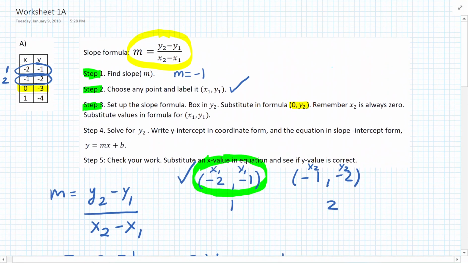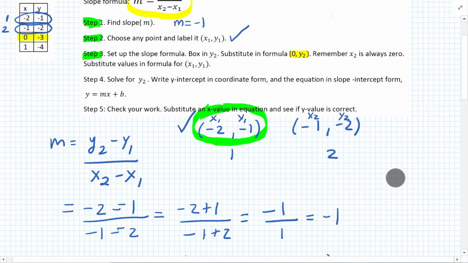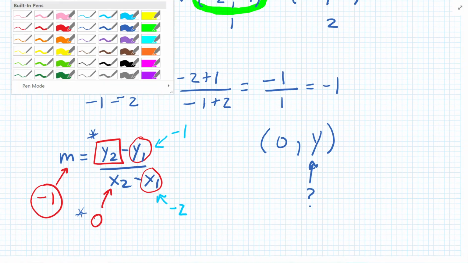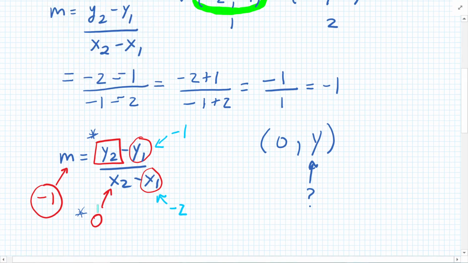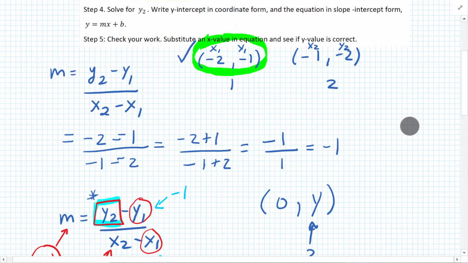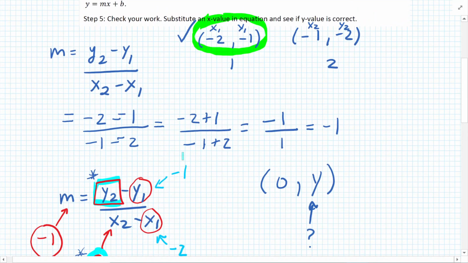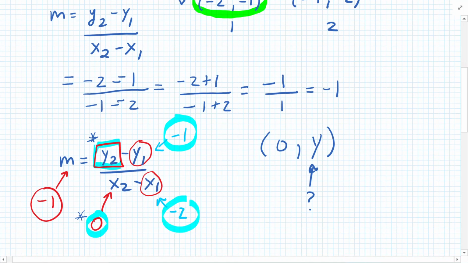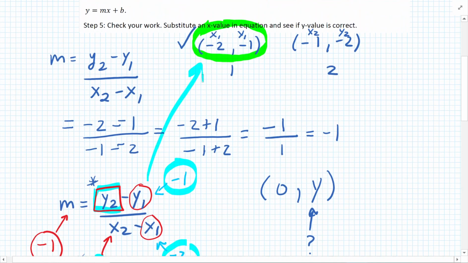We substituted in the formula 0 for x2, and we solved for y2. So that's still true. Here was our 0 value. And here's what we were solving for. Substituting values for x1 and y1, we did. We used that, -1 and -2 from up here, remember?